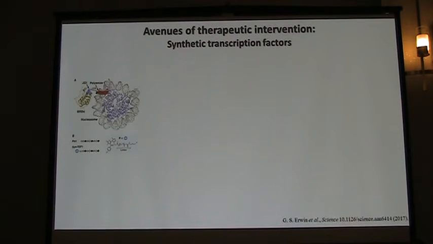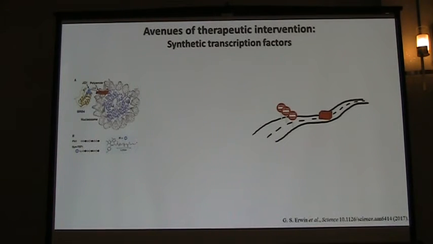Another way to restore the frataxin gene function is to use what are called synthetic transcription factors. I'm not going to talk about it much because we're going to hear about it in a little bit by Dr. Jeffries. And these molecules are made of 2 parts. One part that binds the GAA repeat, and the second part is this synthetic transcription factor.